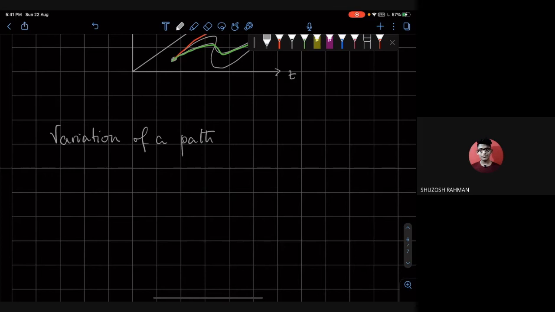Remember that the path is a function of t. So the variation of the path, delta x of t, is another path which is close to the first path, minus the original path. By definition, this is small, infinitesimal.